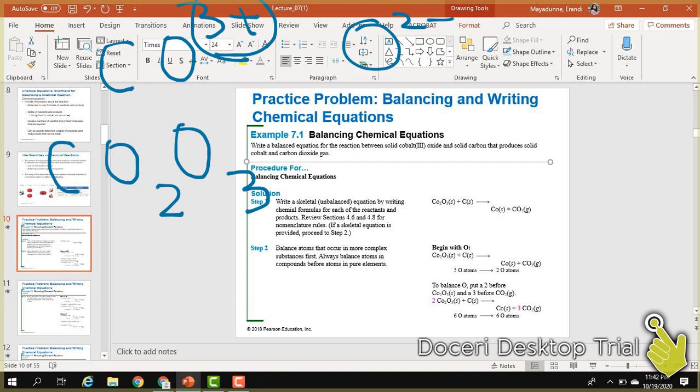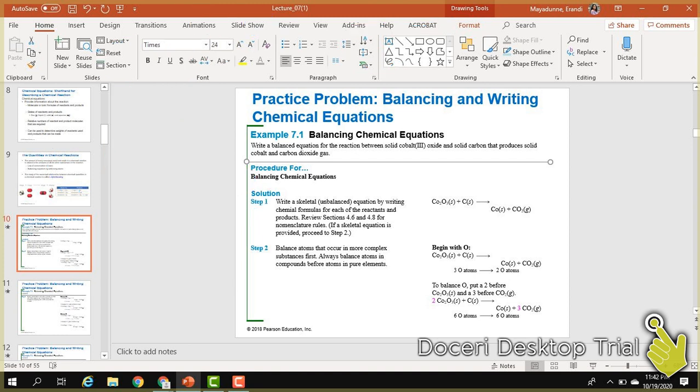Let me get a new sheet. It's going to the next line. I can't erase that. That's fine, the new sheet.